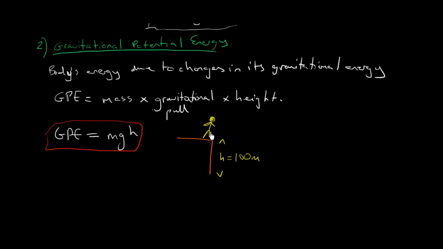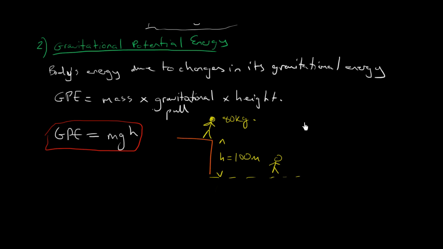Then what's the difference between him when he's up here or him when he is standing here? So the difference in his energy between there and there would be his mass. So you'd have to know his mass. Let's say it's 80 kilograms.